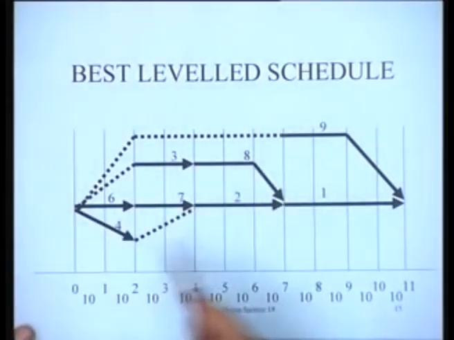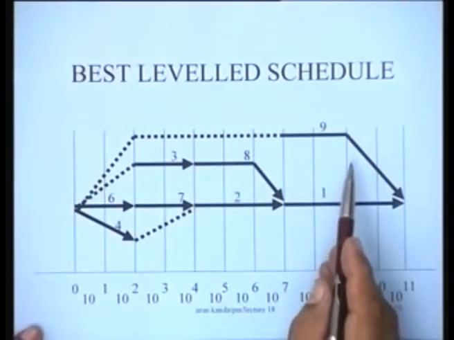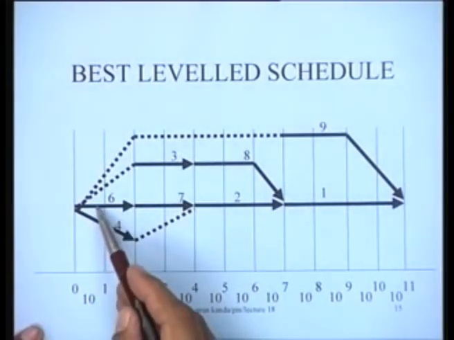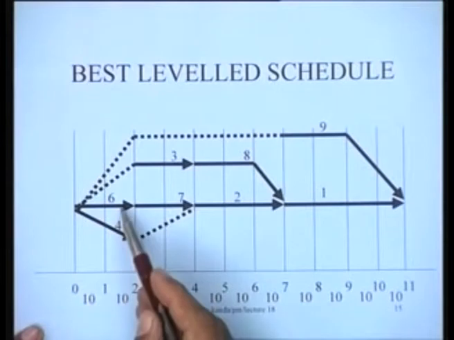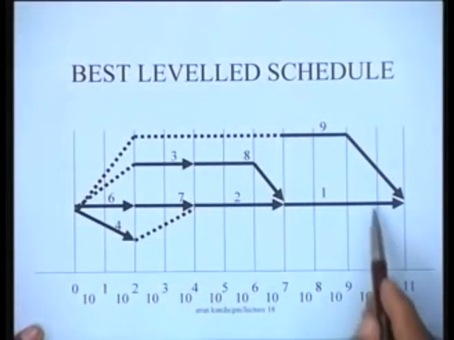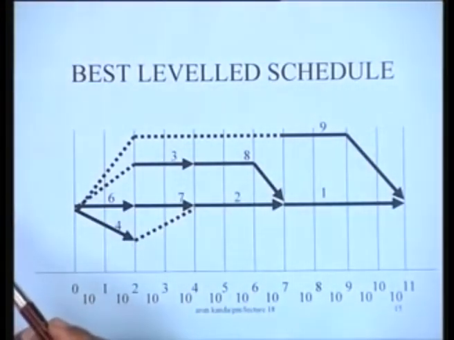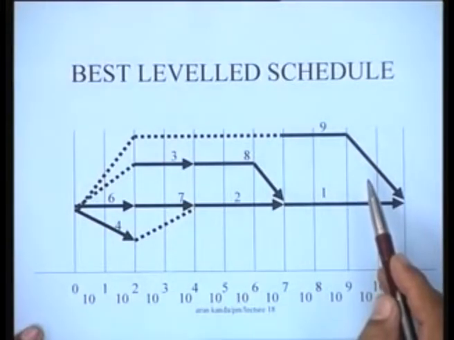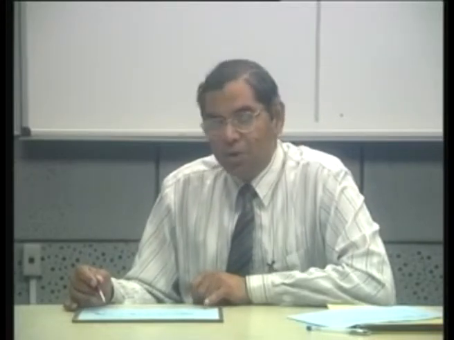So it is some combination, and what you find as a consequence is that the number of men required on each day is 10, 10, 10, 10, 10, 10 throughout. Now in any practical resource leveling exercise you may not be as fortunate as this, because this, as I told you, is a specially constructed example by Wiest which shows this.